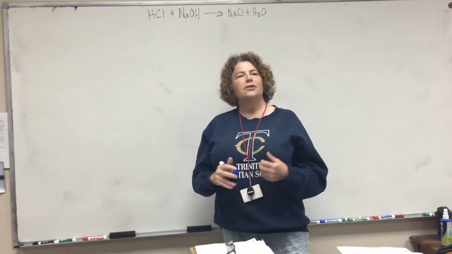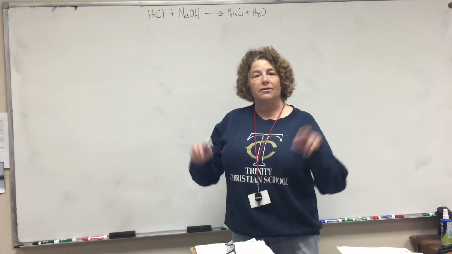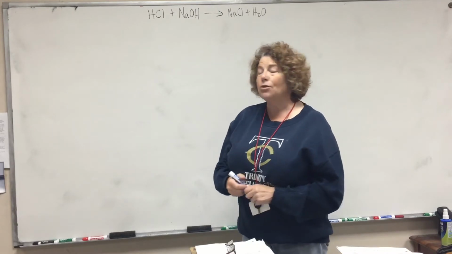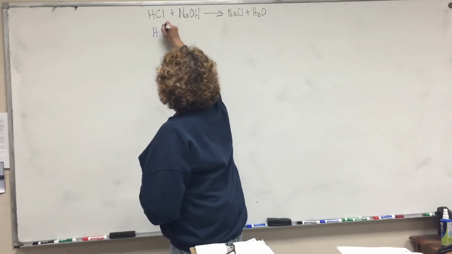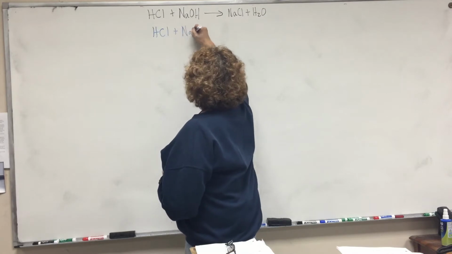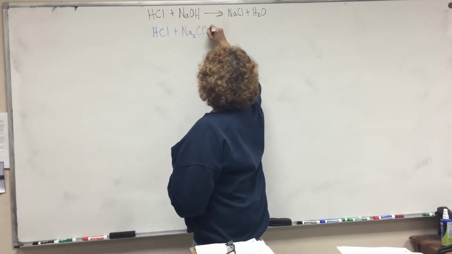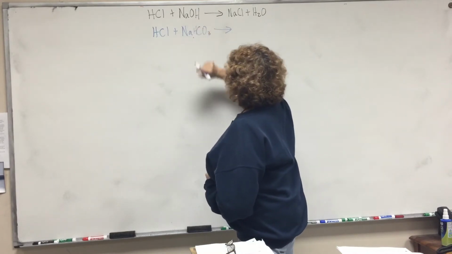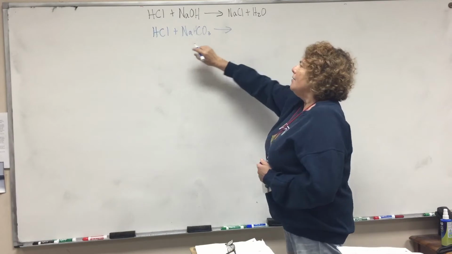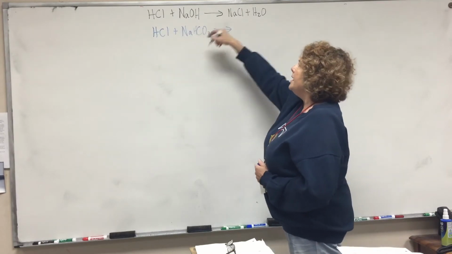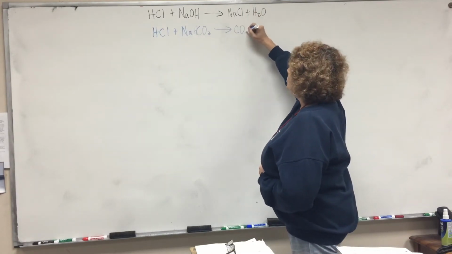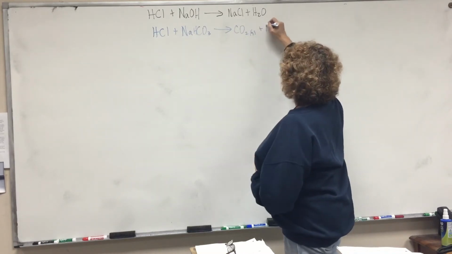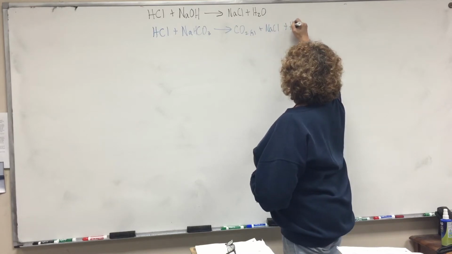Another reaction, I don't know if any of you did this when you were younger, was the volcano reaction where you did vinegar and baking soda. Well, if you take an acid like HCl and baking soda, sodium bicarbonate, whenever an acid reacts with a carbonate, it makes CO2 gas, which is what comes bubbling out, plus a salt and water.